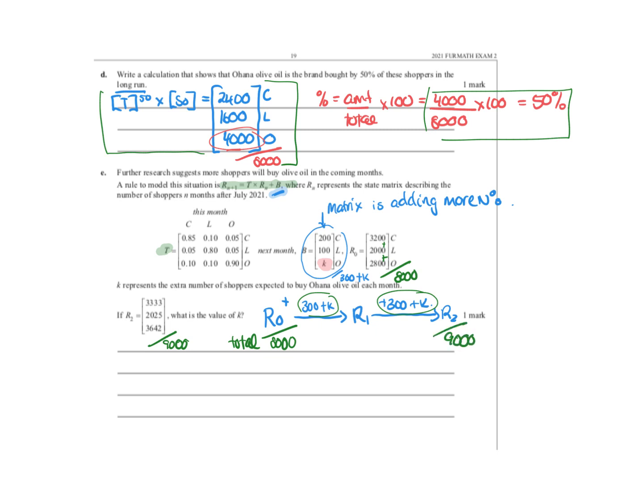So from 8,000 we added 300, 300, and 2Ks. So we added 600 plus 2Ks to get us from 8,000 to 9,000. So I can say 600 plus 2K equals 1,000, because there's 1,000 more after those two transitions with the two B's being added. Once you get there, you can just use solve, if you like, in comma K, and you'll work out that K equals 200.